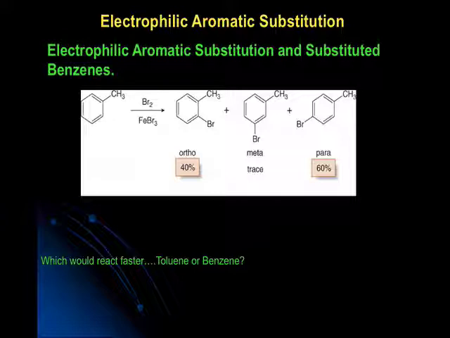So, John runs this reaction. How's he going to figure out whether or not he has ortho, meta, or para? Pardon? NMR would be a great choice. What else might be a good choice? Melting point.